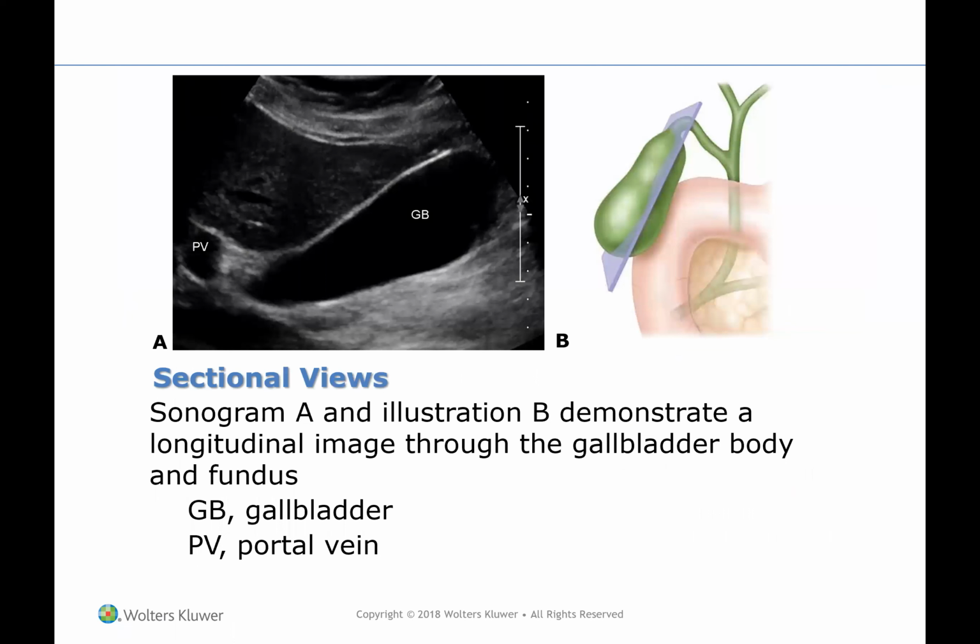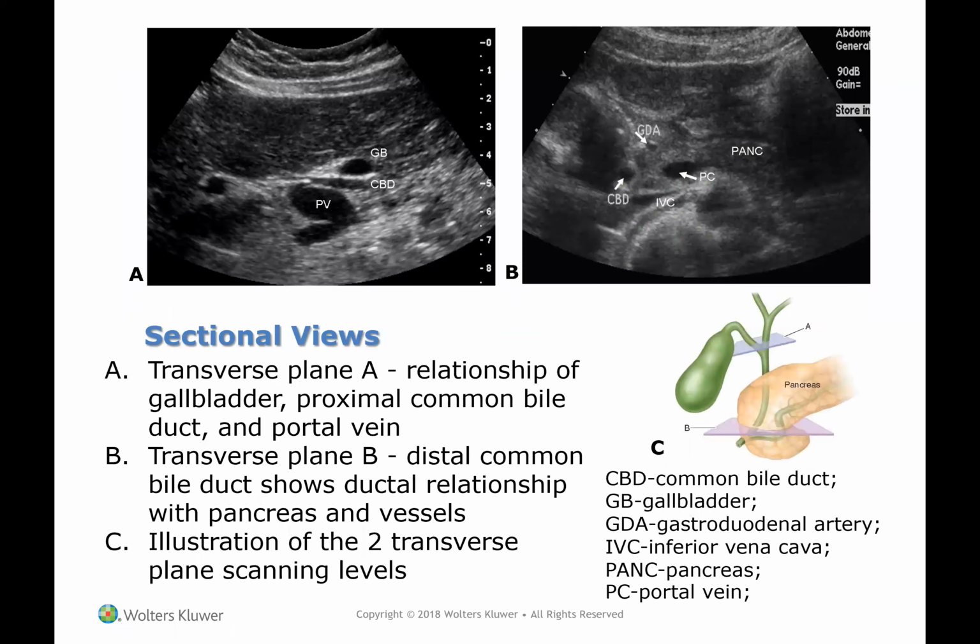Here's a pretty picture of a gallbladder scan in long. This is a sectional view.